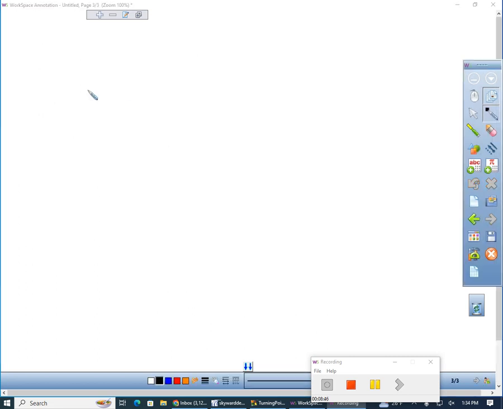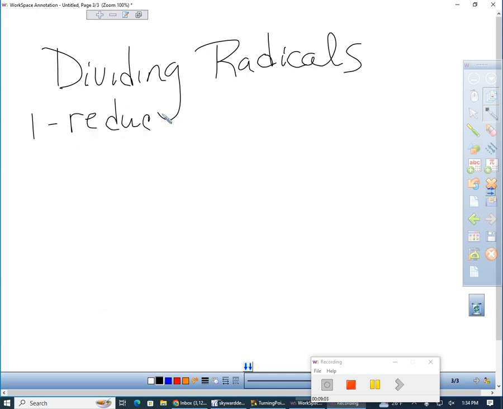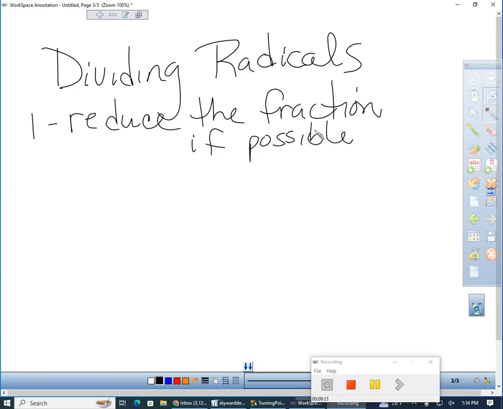So, dividing radicals. Step 1. Reduce the fraction, if possible. Step 2.